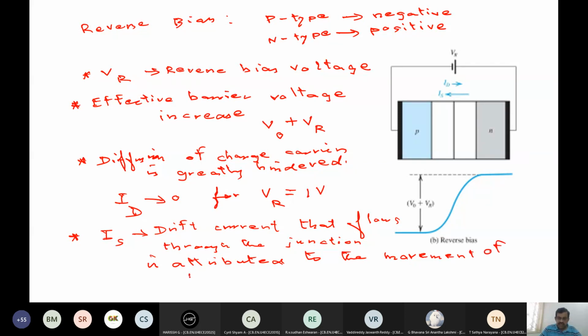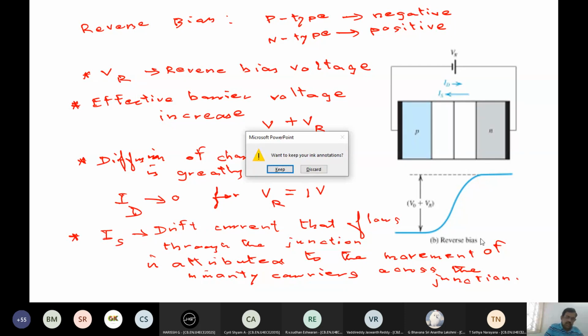So minority carriers, by now you understand what is minority and majority. Movement of minority carriers across the junction. Now what about its magnitude? We'll see that.